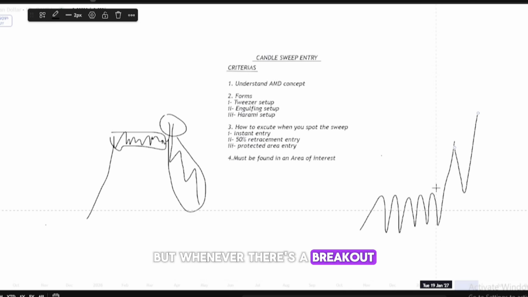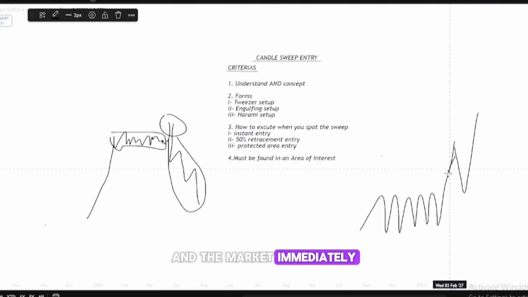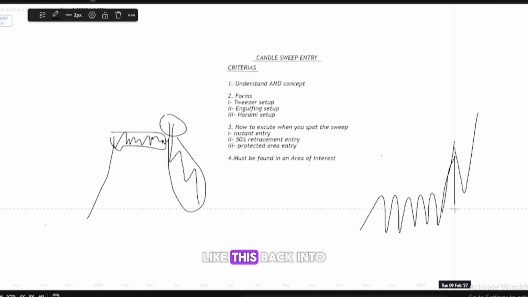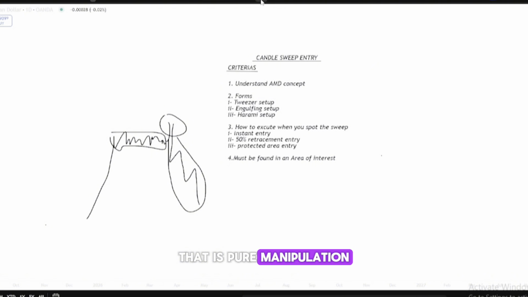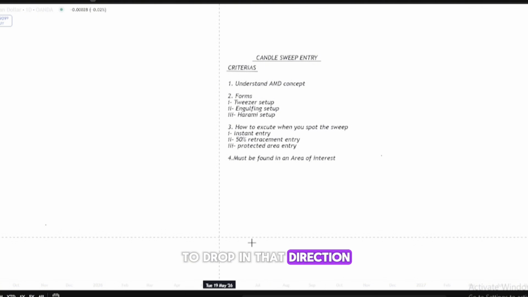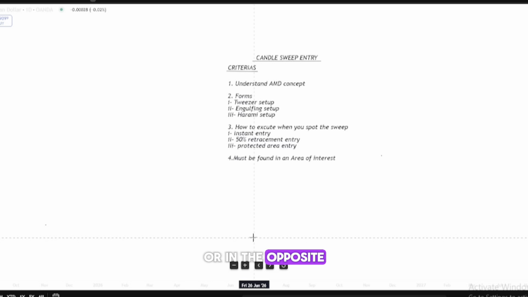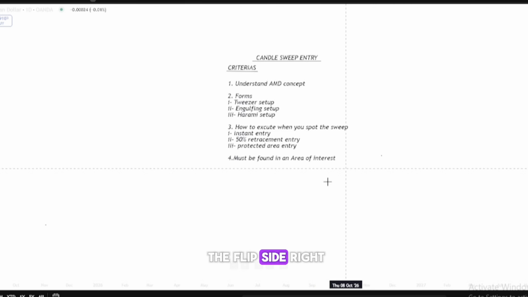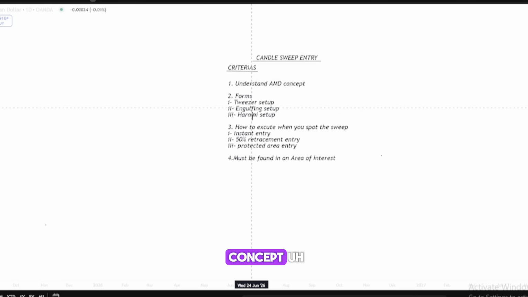But whenever there's a breakout and the market immediately drops back into the structure like this, that is a manipulative move, right? That is pure manipulation. So when you spot that, you just know that the market is about to drop in that direction, or in the opposite direction if it's on the flip side, right? So that's the AMD concept.